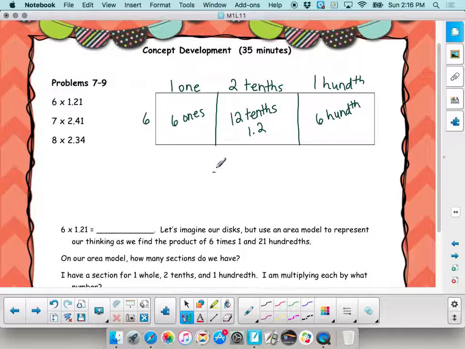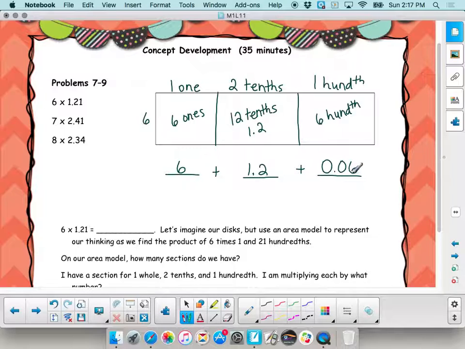Okay, so here's what I have to add together. And last year when I taught this, the kids often forgot they had to add these things together. So I have to add 6 ones plus 12 tenths, and let's write it in standard form, plus 6 hundredths.